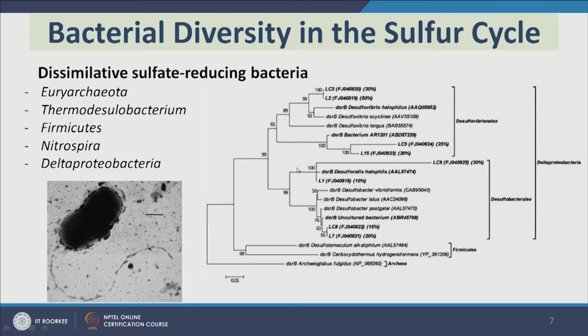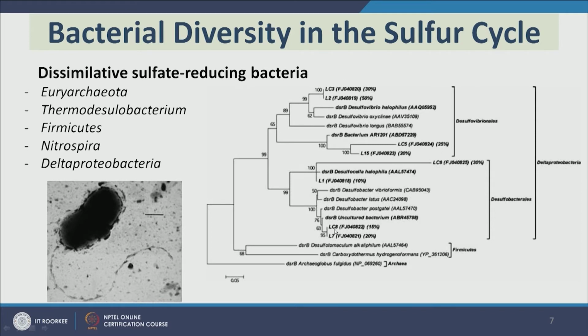The panel on the right is a dendrogram of certain dissimilatory sulfate reducing bacteria, Desulfobacteraceae, Desulfovibrio, and some firmicutes, Desulfotomaculum, and so on and so forth. And the way we have generated this phylogenetic tree is by looking at the enzymes that are active, mostly DsrB here, and we have an extended version of this tree that also includes DsrA.